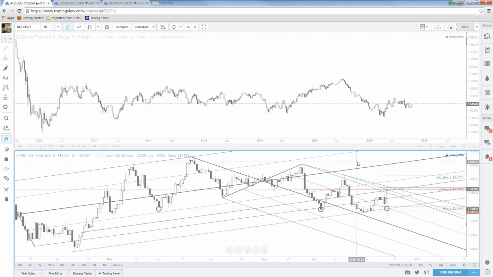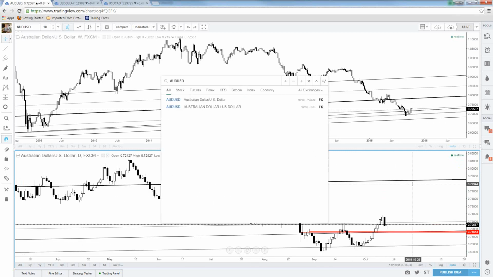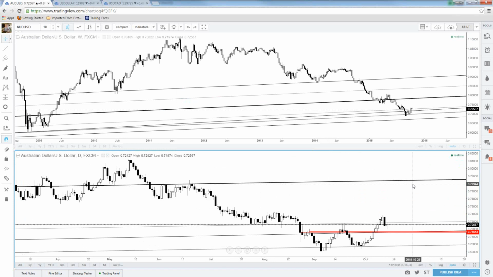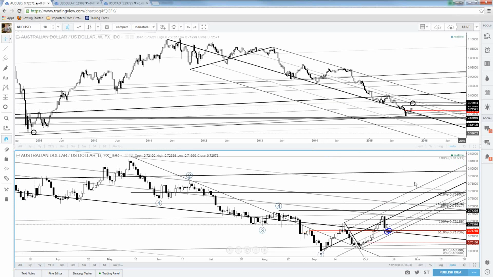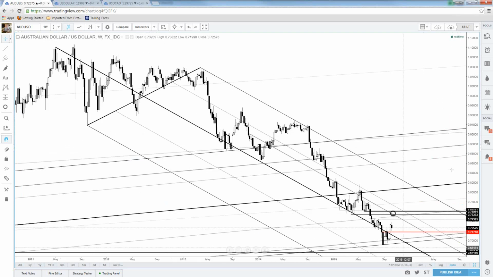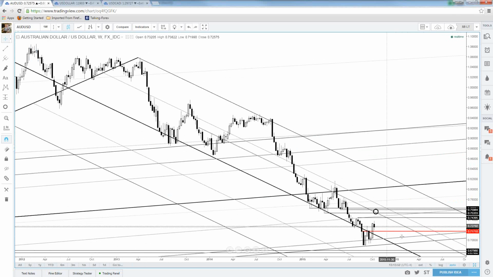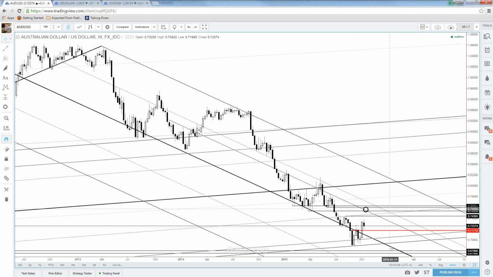Look at Aussie. Okay, so Aussie's turned up from the really long-term sliding parallel. Don't think there's any really big resistance till the 75.30s, up near 75 region.